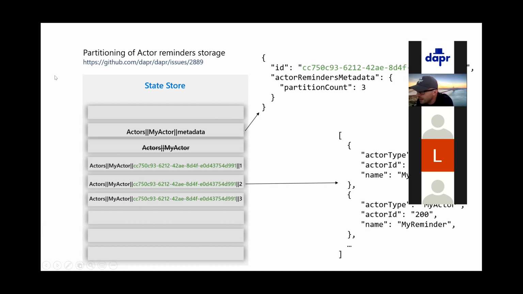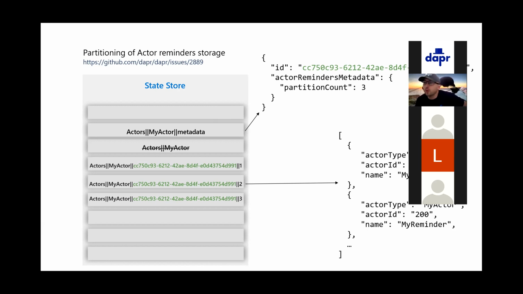So we evenly distribute the items across those 3 different records. That is the approach we took to have multiple records scaling the actor reminders, so we don't have the limitation of the database, and we can also fix the partitioning problem.